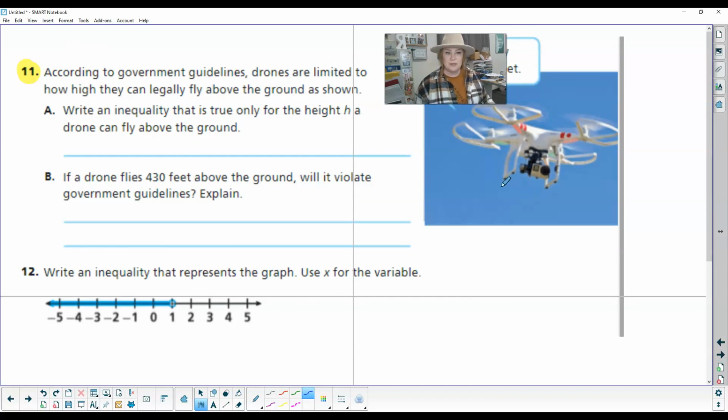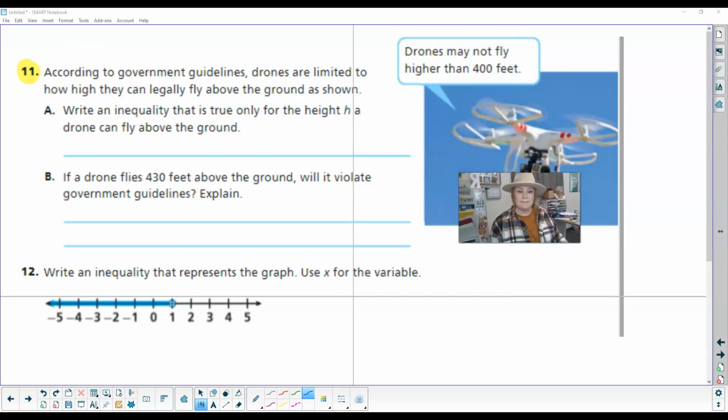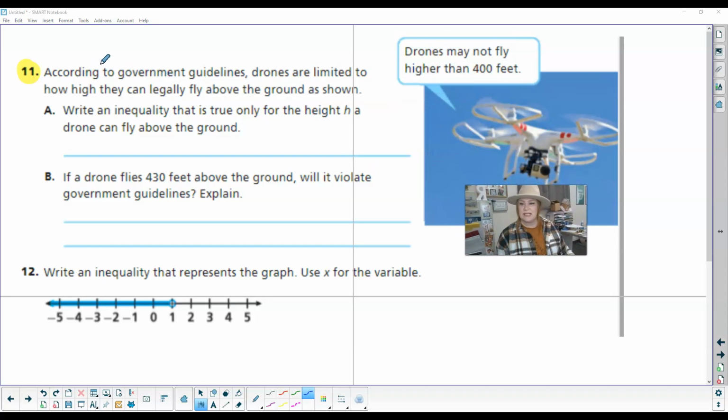Okay, the next one I'm going to do is number 11. Number 11 says that according to the government guidelines, drones are limited to how high they can legally fly above the ground as shown, so they may not fly higher than 400 feet. Write an inequality that is true for H, the height drones can fly.